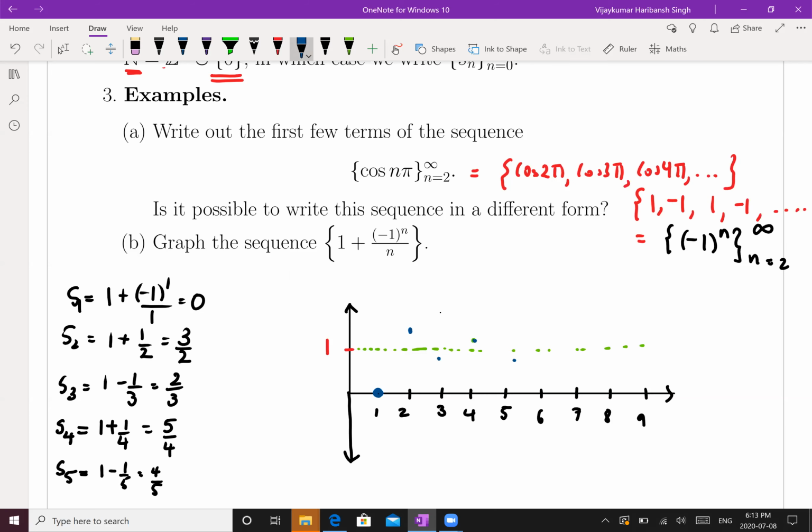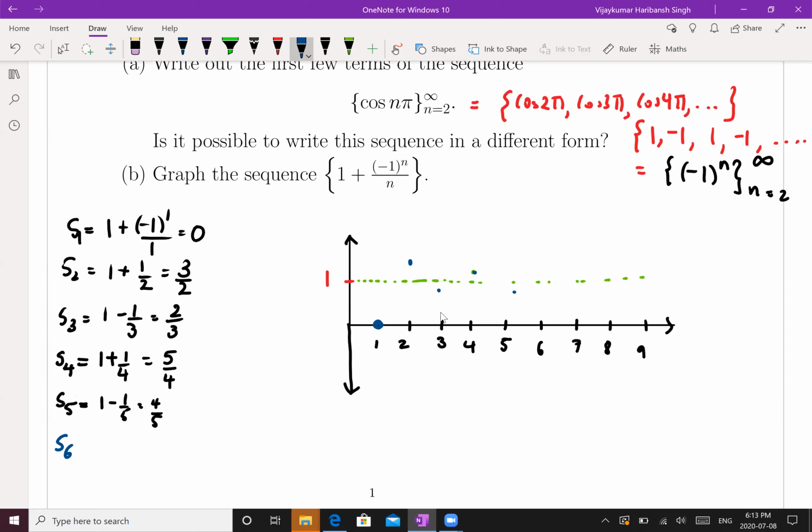At 6, that is going to be 1 plus 1 by 6, which is 7 by 6. The next one will be 6 by 7. Then S8 is going to be 1 plus 1 by 8, which is 9 by 8, and then the other one will be 8 by 9.